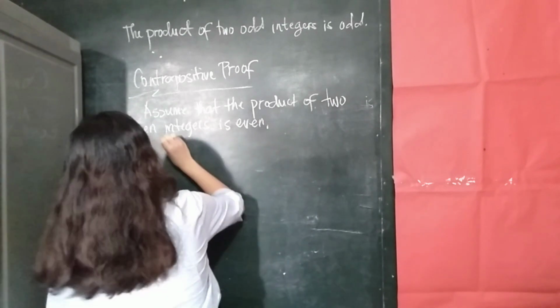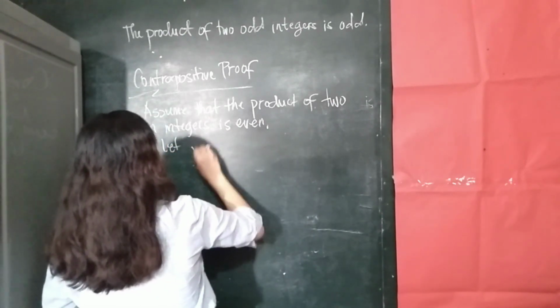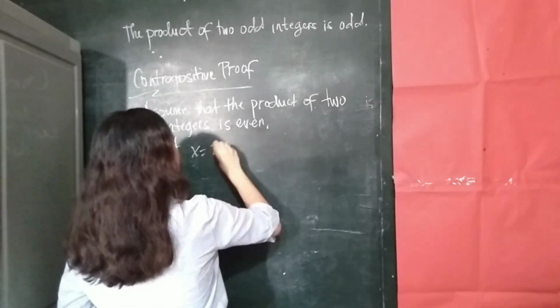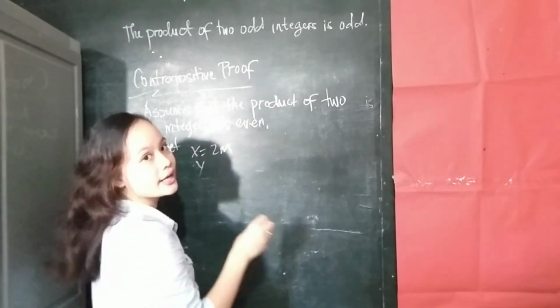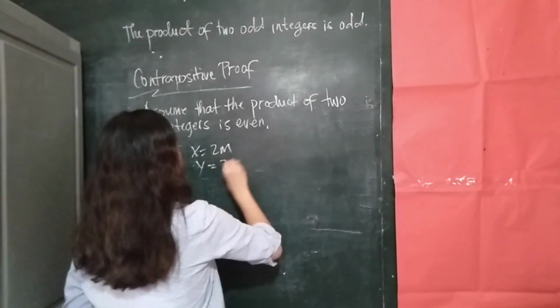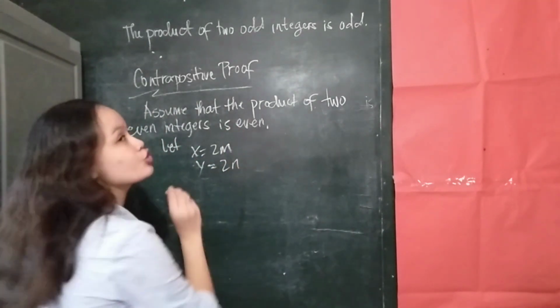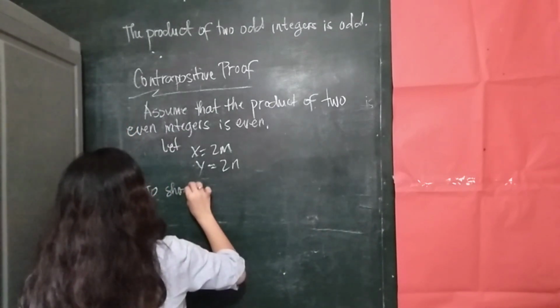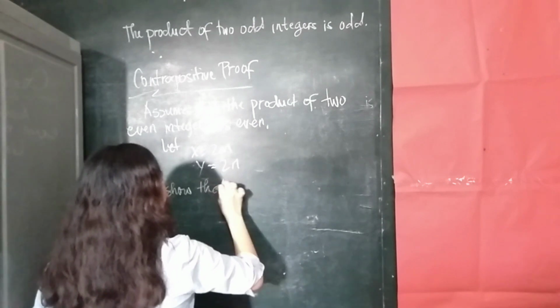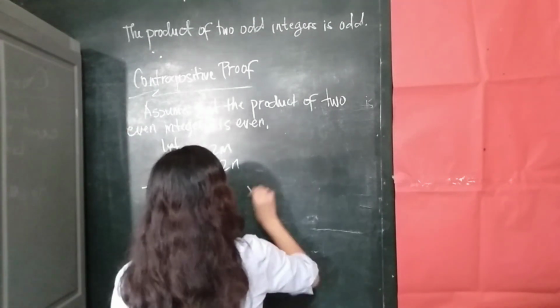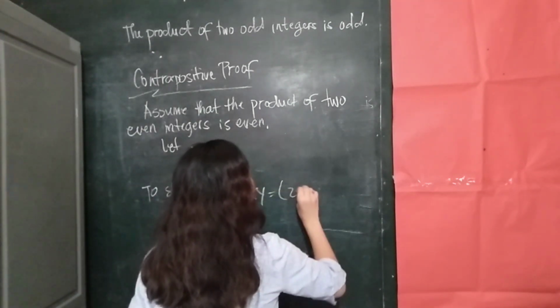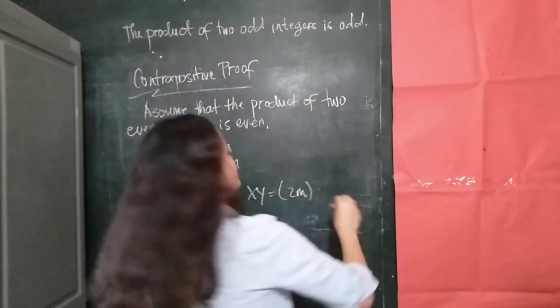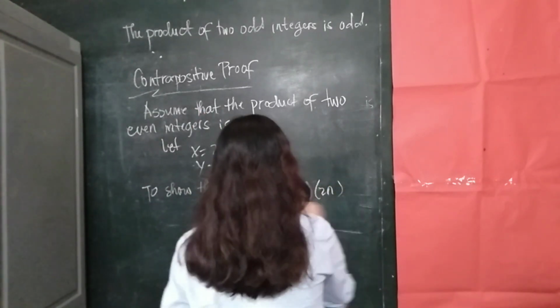Let x be equal to 2m and y be equal to 2n. To show that x times y is equal to 2m times 2n.